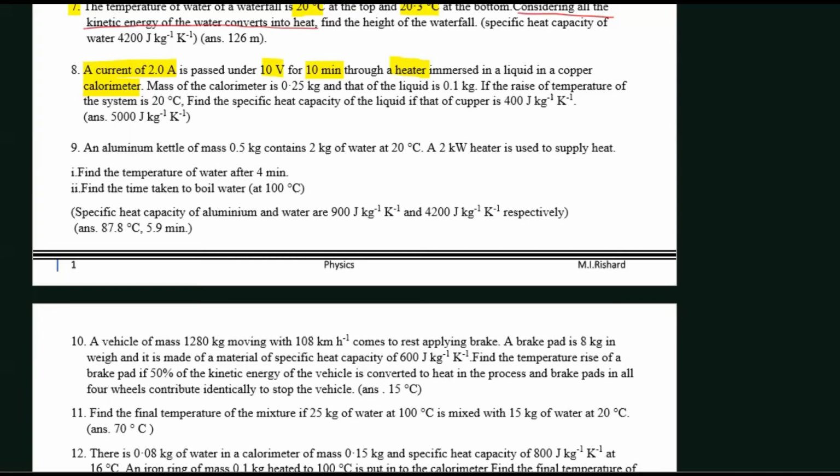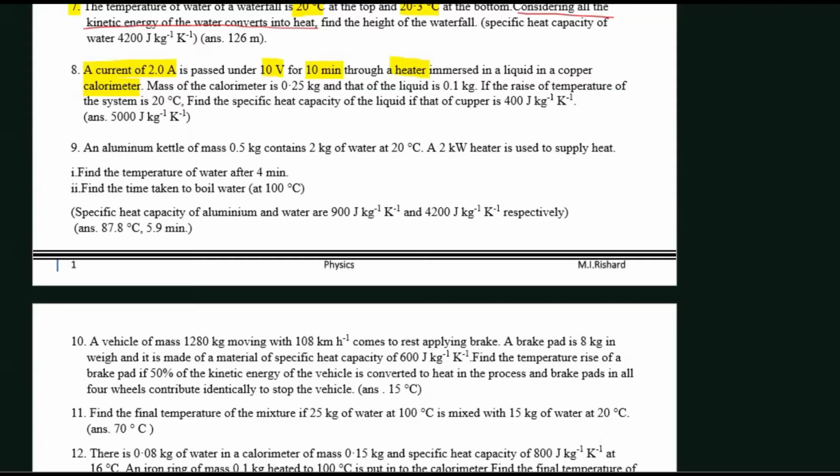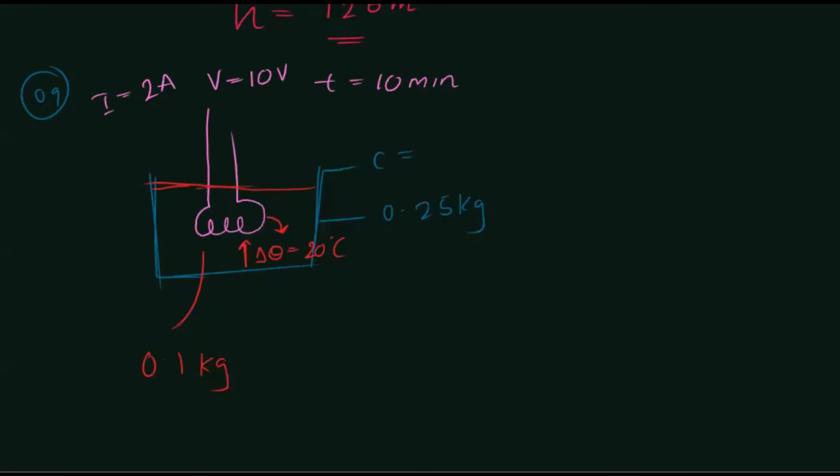They have given the specific heat capacity of copper as 400 joules per kilogram per Kelvin, right? Okay, fine. Now, what they are asking is the specific heat capacity of the liquid, right?